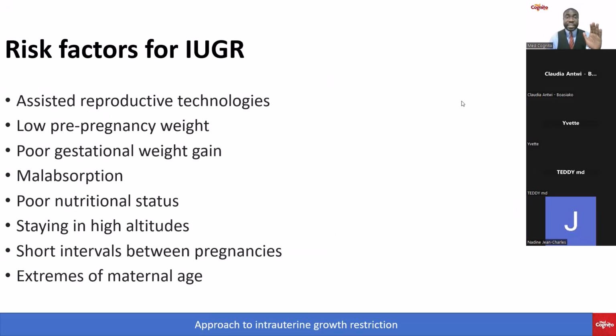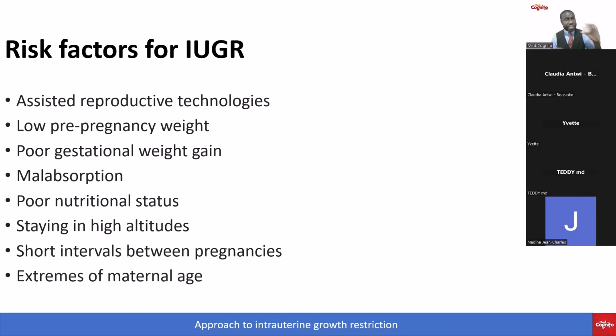So, doctors, please, other risk factors: assisted reproductive technology. Okay, low pre-pregnancy weight in the mother herself, poor gestational weight gain, malabsorption, poor nutritional status. So, doctors, are you realizing why I was telling those who just wrote nutrition that is wrong?